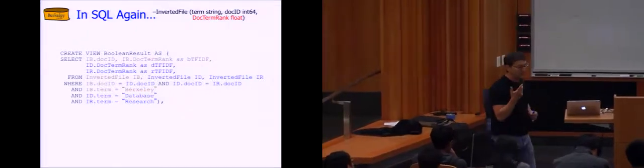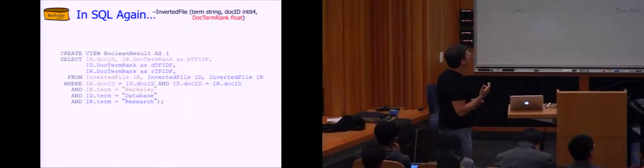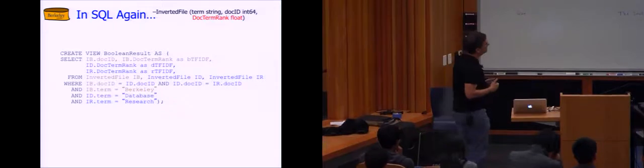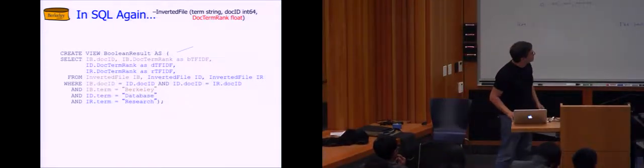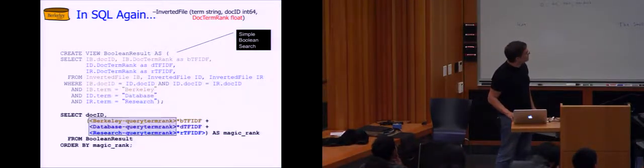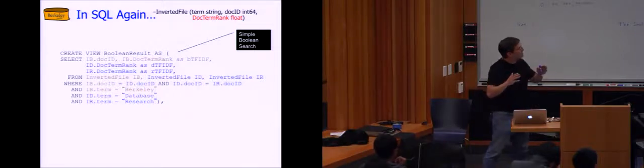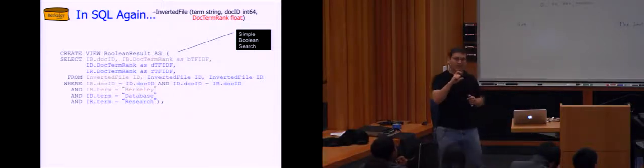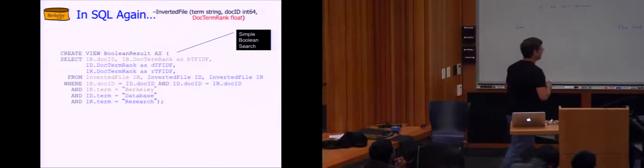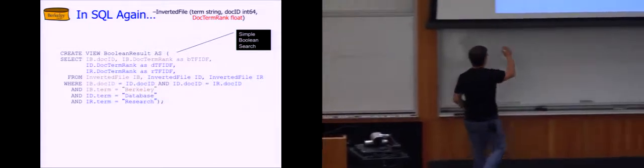It takes the inverted file and self-joins it 3 times, if you remember correctly, on doc ID, with selections on term. And remember, those selections are little index lookups into a B tree that take us to the leaf where we have our postings lists. So just to draw this one more time, the inverted file is stored in a B tree, indexed by term.